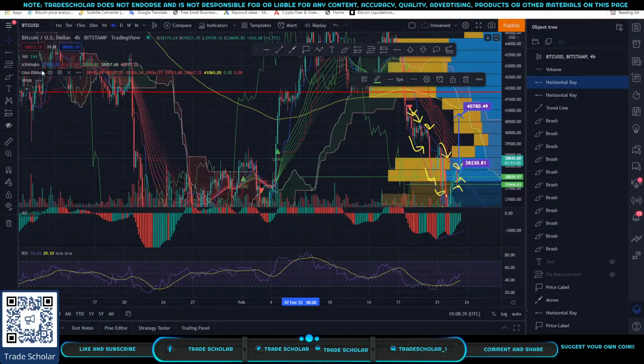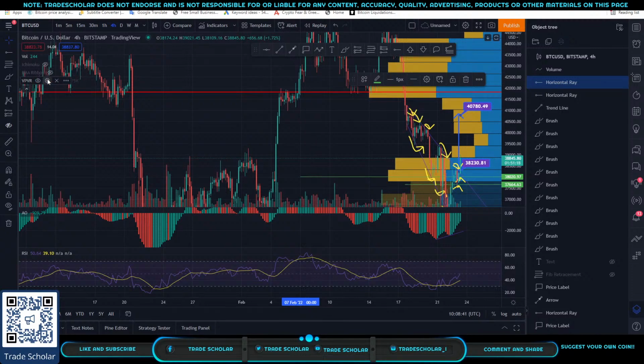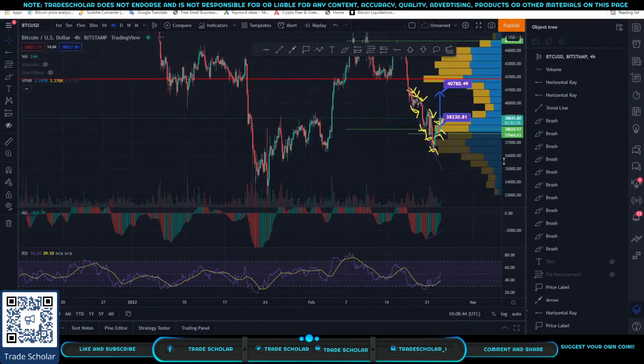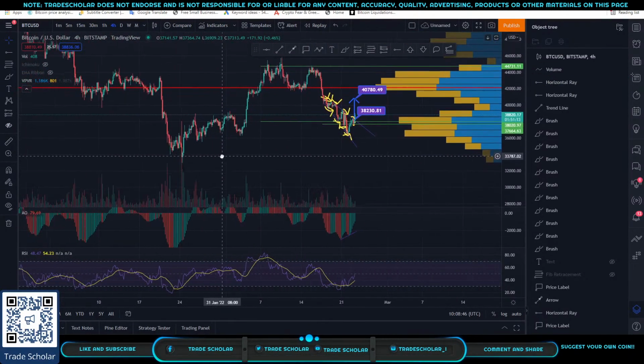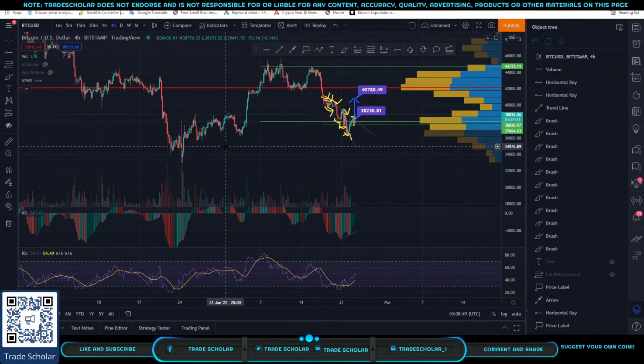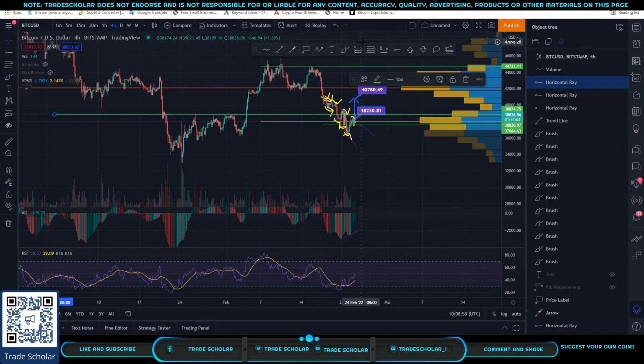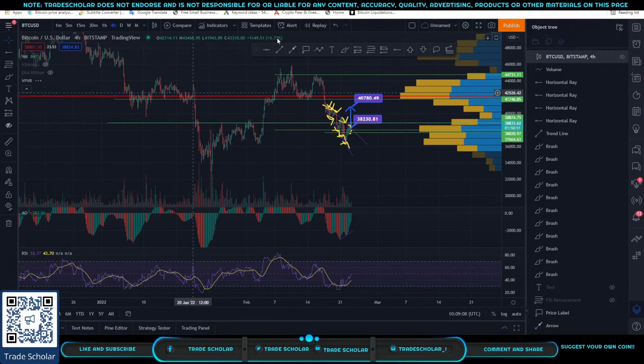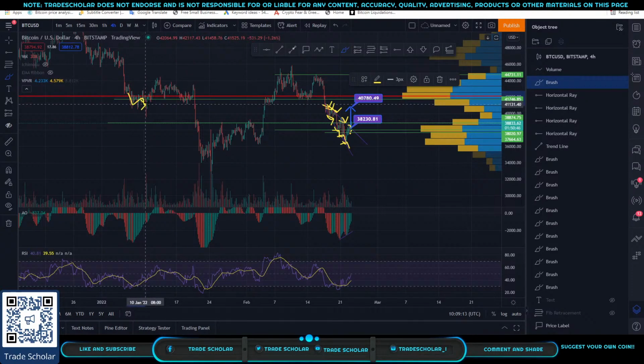Let's hide the Ichimoku and the EMA. In the 4-hour time frame, you can also make a horizontal support and resistance. Where we always get a rejection, like this one here, we get a rejection. Another here, like this one, we have found support because right here our candle went sideways in this area.